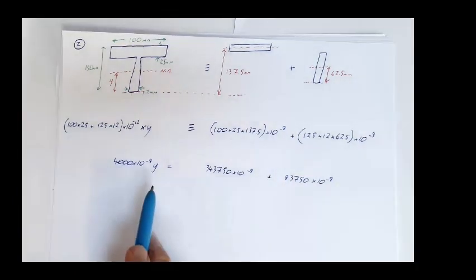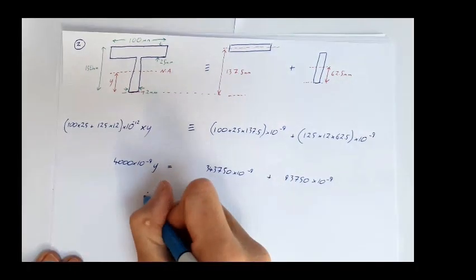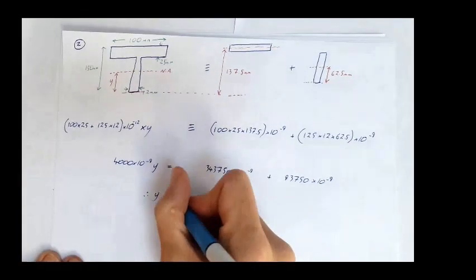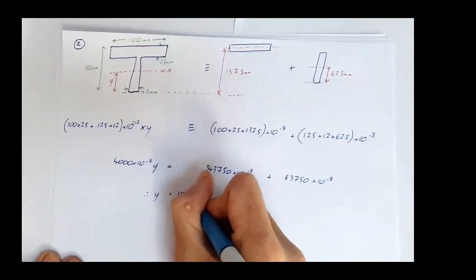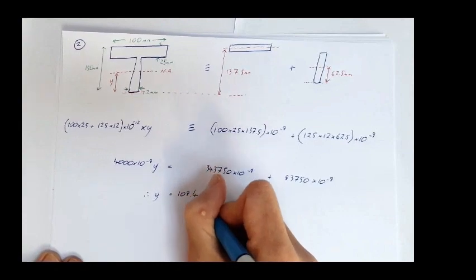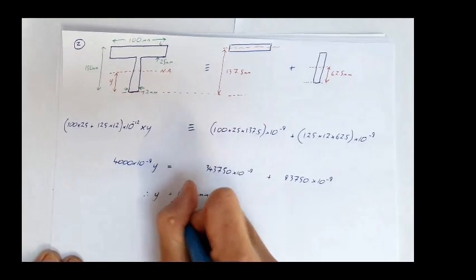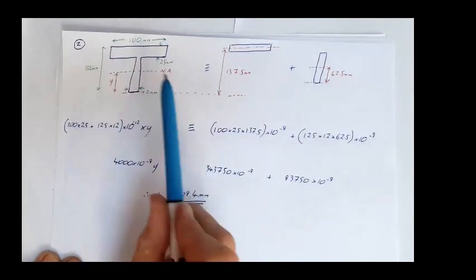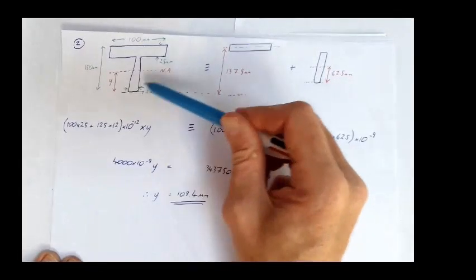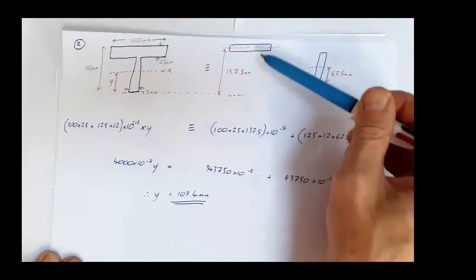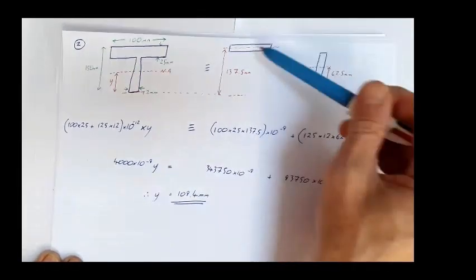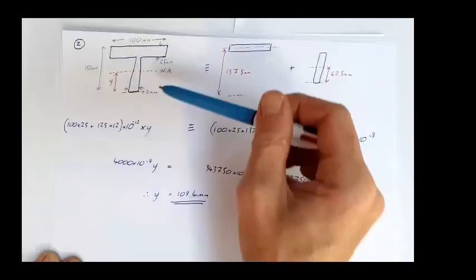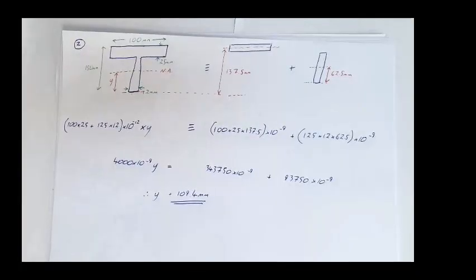If I therefore look at what y is, y is equal to 109.4 millimeters. So I've taken moments of area for my overall shape, I've said that's equal to moments of area for my two components, and therefore I can work out what y is, the distance to my neutral axis.